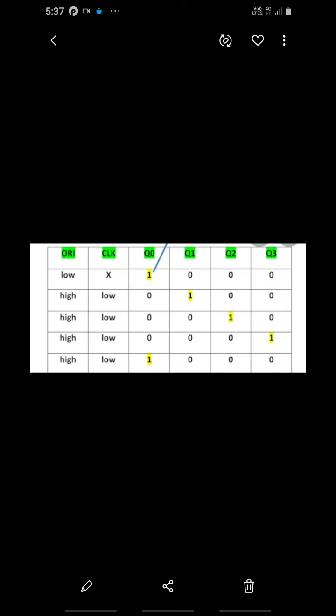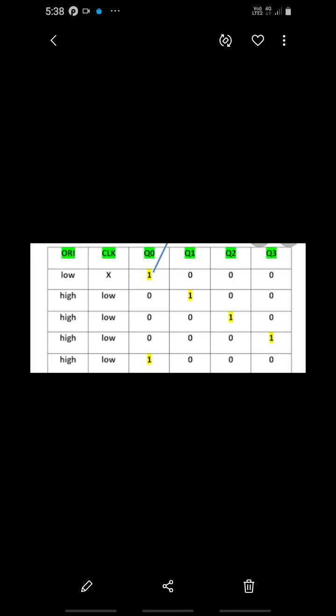And during the first clock pulse, the first MSB bit is shifted to the right, meaning the next position. So the outputs are 0 1 0 0. And when applying the second clock pulse, the 1 is shifted to the second position.